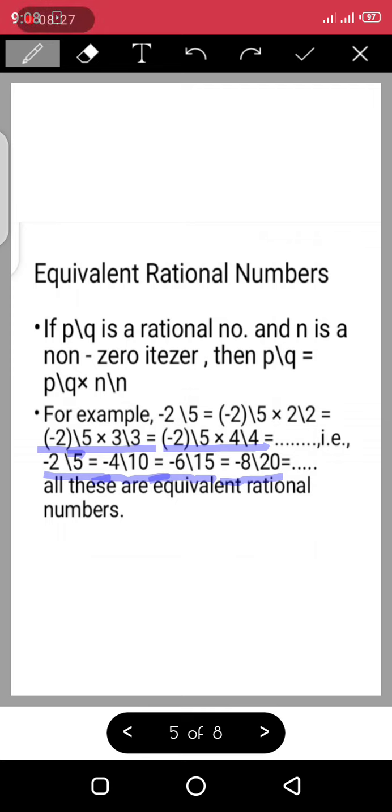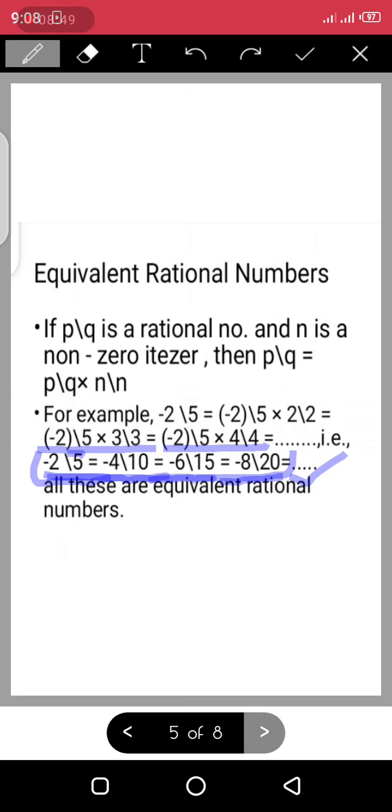And this recurring line shows that it can go further also. We can take 5, 6, 7 or any other number. So all these rational numbers we have got are equivalent rational numbers.